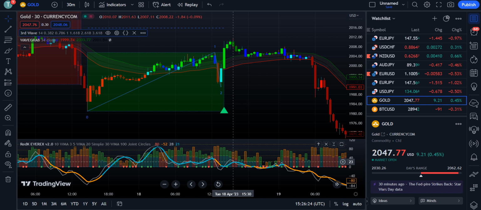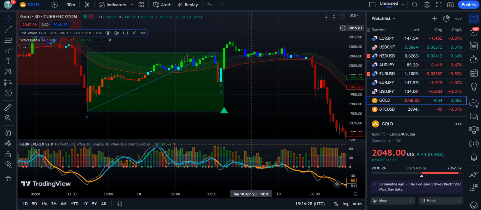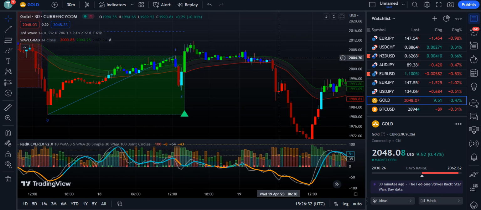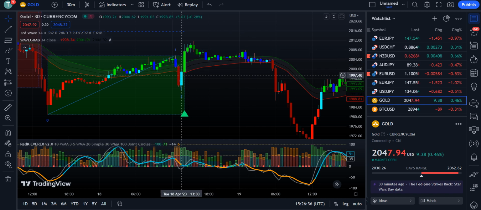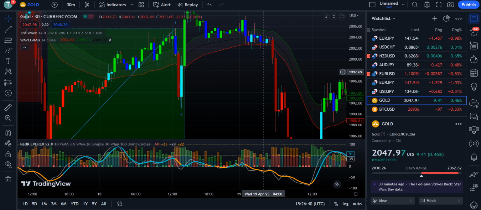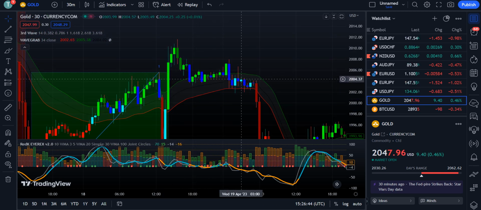When all three conditions are fulfilled, then you take the entry into the market for the bullish signal, and this is how you will take the maximum profit. When you take the right entry and earn the profit, for example, if you have taken the entry from here until here, you have taken the profit.